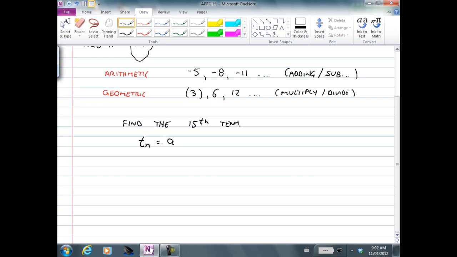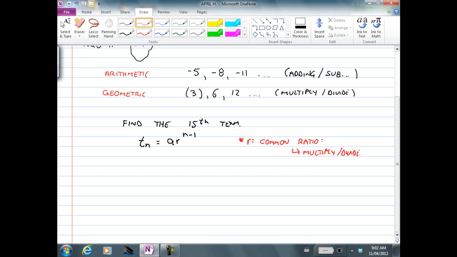Tn equals A times r to the power of n minus 1. R stands for the common ratio. In other words, this is what you multiply or divide by.